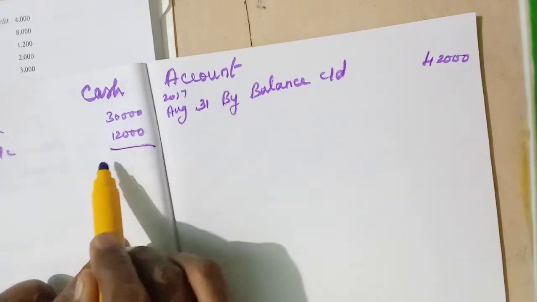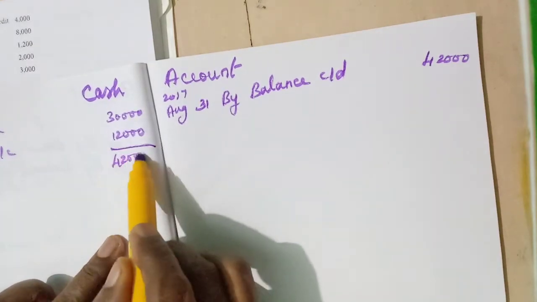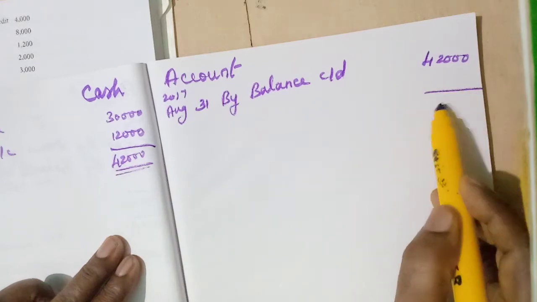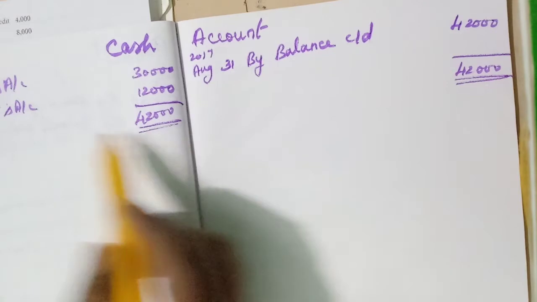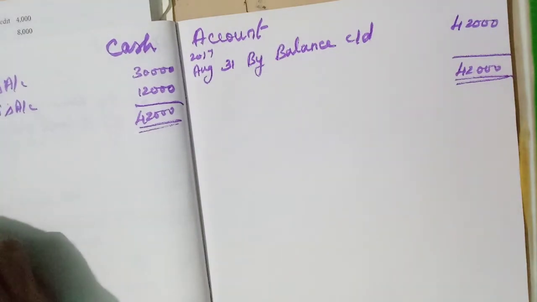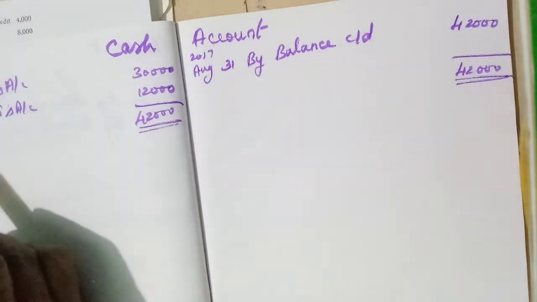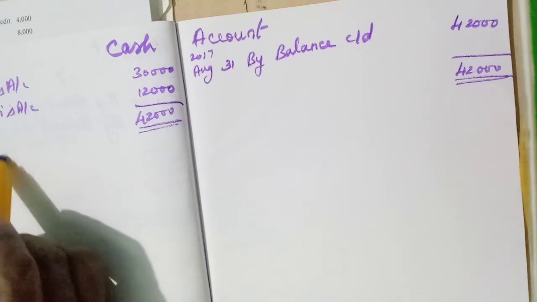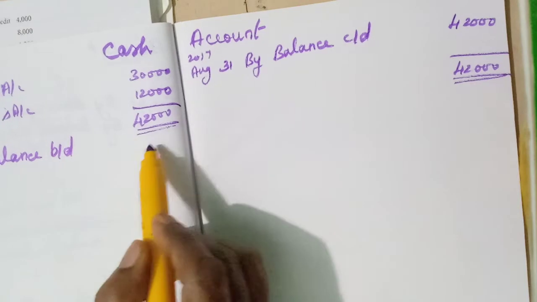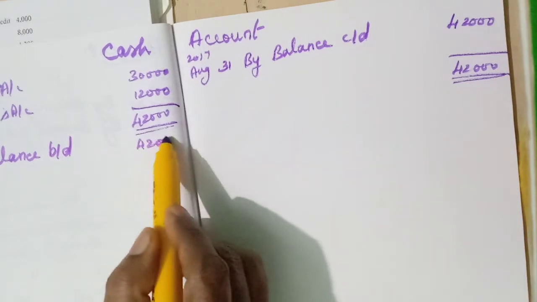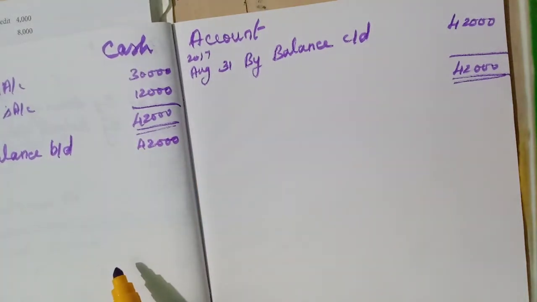So write both the amount, 42,000. Here also 42,000. Then next month, September 1, balance brought down 42,000. Now cash account is over.